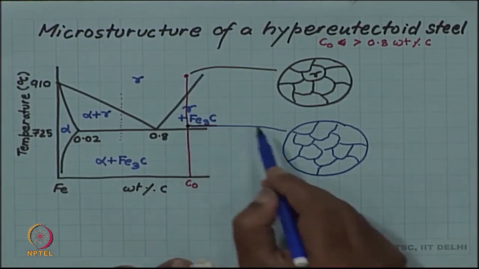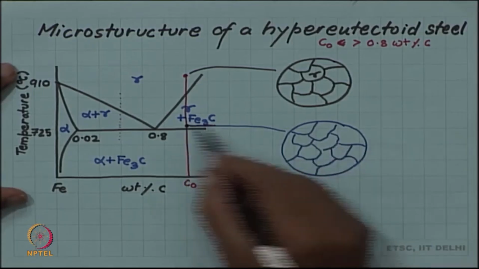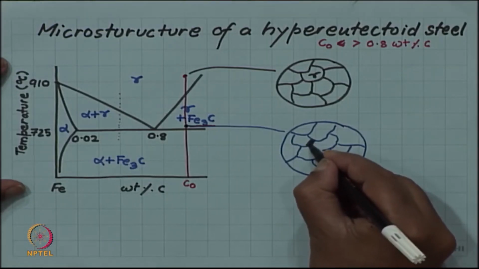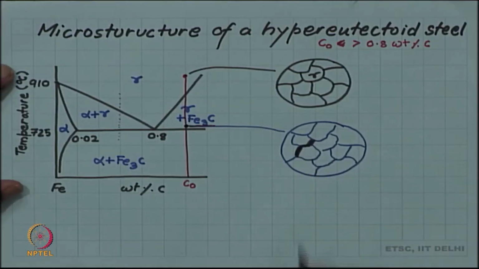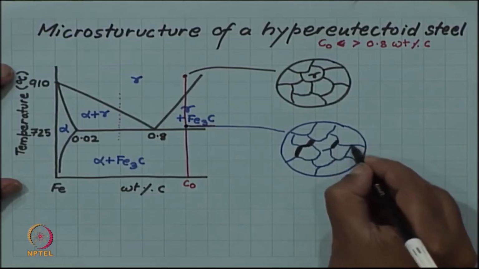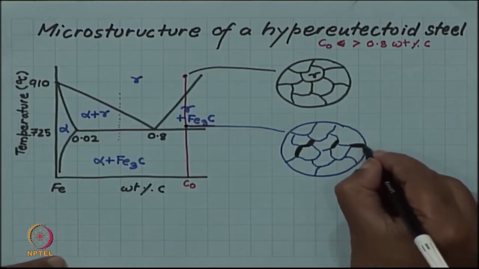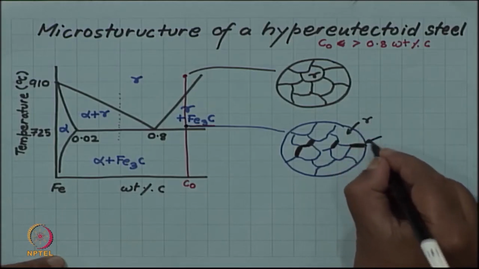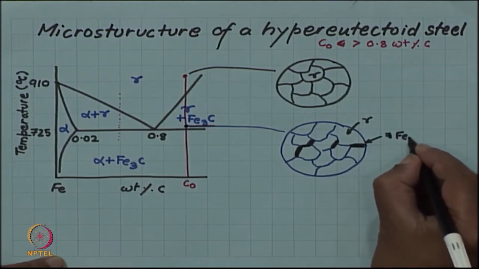Now, first of all remember that the Fe3C which forms starts forming on the grain boundaries. So, you will have grain boundaries where Fe3C will first form. So, here you have the original austenite and this is Fe3C which is forming.